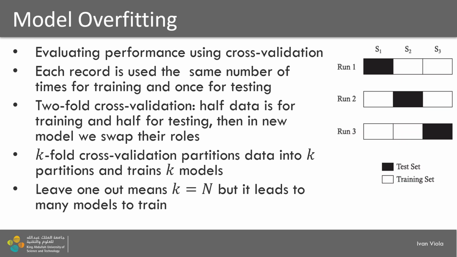But then we have k-fold cross-validation, an approach where we partition the data into several subsets, like subset 1, subset 2, and subset 3. So it's a threefold cross-validation in this case. We partition the data into 3 partitions and train a model for each case.